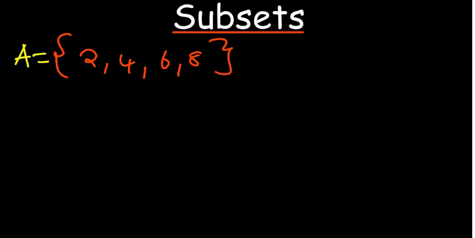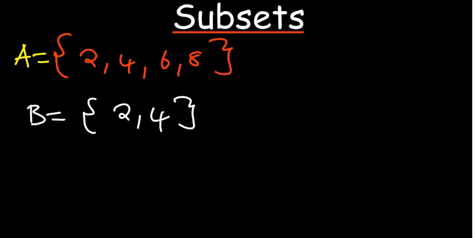Let's say that set is A, as we've said, and then consider having another set, let's say set B, which is having elements 2 and 4. So if you look at set B, all the elements that are in set B are part of A. So we can clearly see that B is a subset of A. Now look at the symbol I'm using.